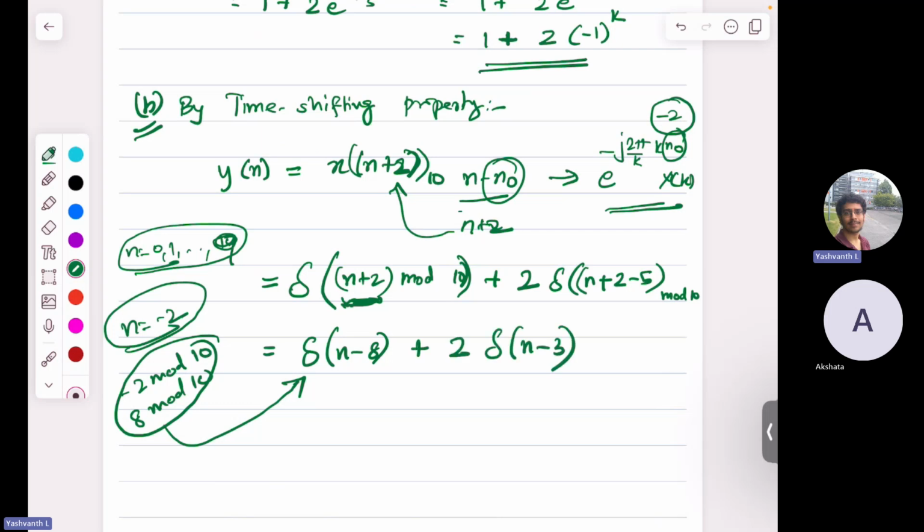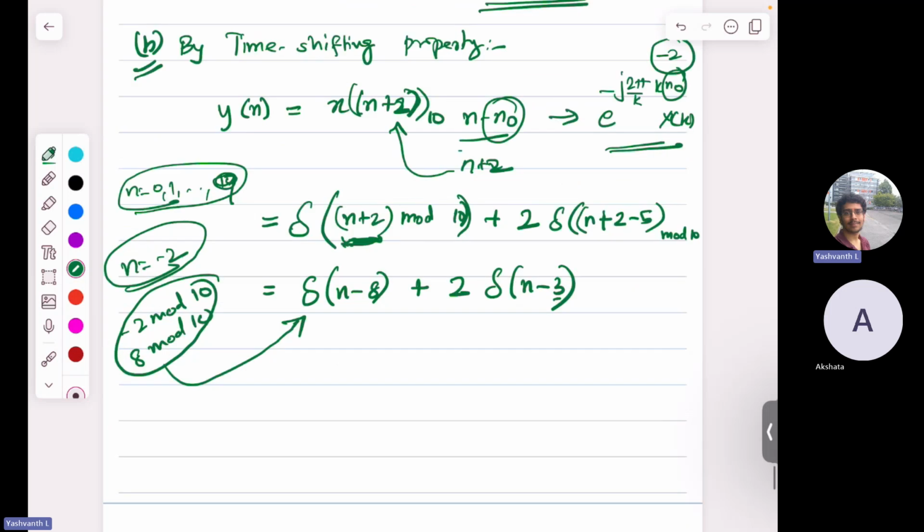This is fine, because the moment I add 2, it becomes minus 3, which lies between 0 and 10. So it's just delta of n minus 3. Is it okay? I'm supposed to represent between 0 to 9, but n plus 2 would have given a non-zero value at n equal to minus 2, which is not the range I'm looking for. So I shifted by one more period. Is it okay?